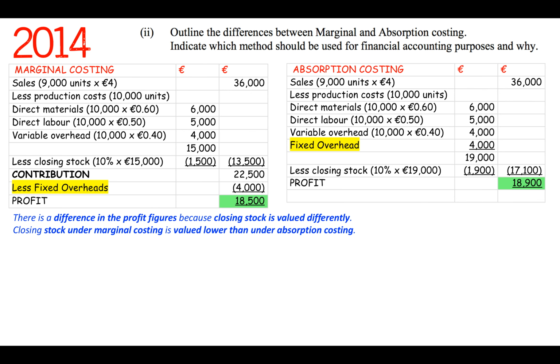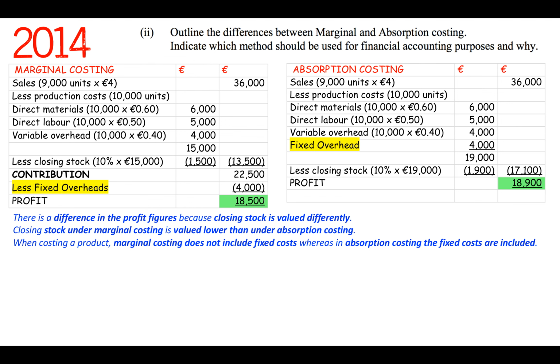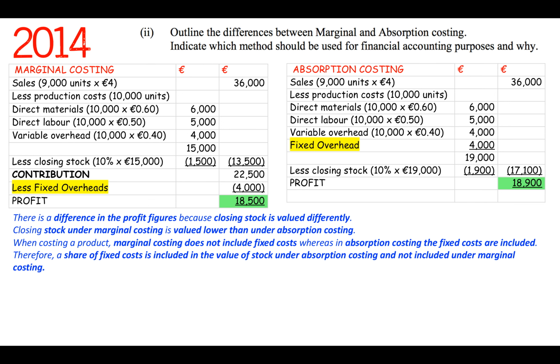Closing stock under marginal costing is valued lower than under absorption costing. When costing a product, marginal costing does not include fixed costs, whereas in absorption costing, the fixed costs are included. Therefore, a share of fixed costs is included in the value of stock under absorption costing and not included under marginal costing.